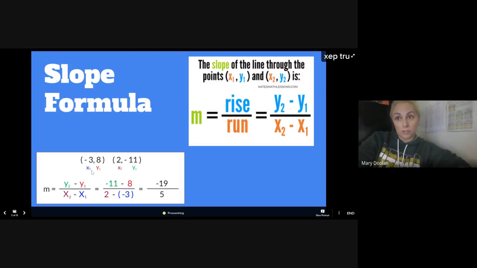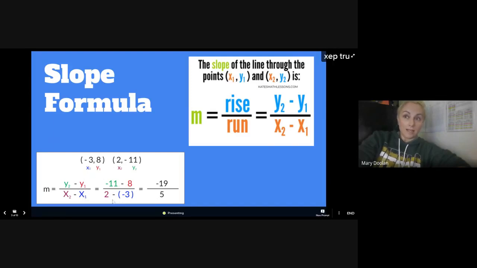That's why the little subscripts are there with the 1s and the 2s. Now, when they plug them into the formula, you're replacing these values with what you have. y2 is -11. y1 is 8. x2 is 2. x1 is -3.